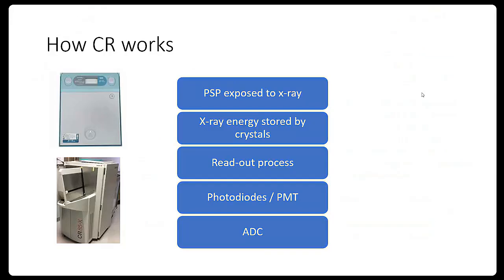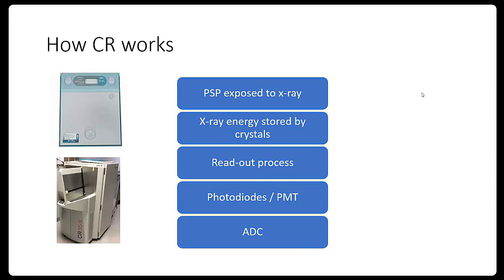The next step is to read the cassette. The readout process is the next one. What happens in the readout process? The image plate, that is the PSP plate, after exposure to X-rays is taken to a CR reader, where it is scanned by a high energy laser beam of a specific wavelength.